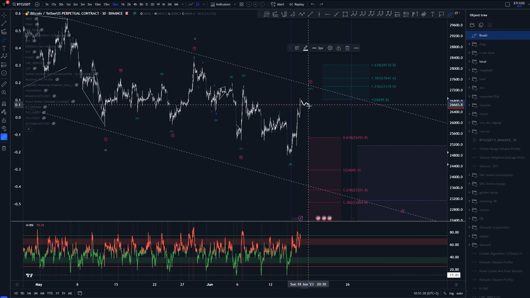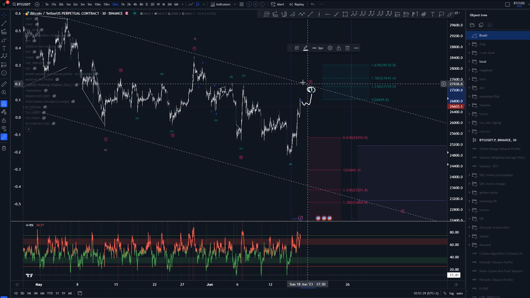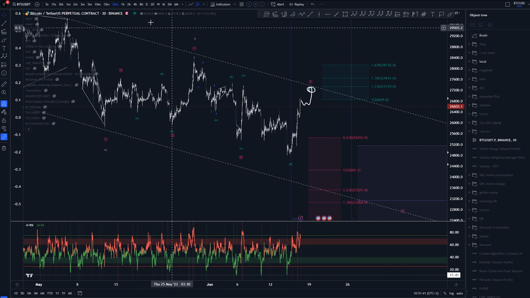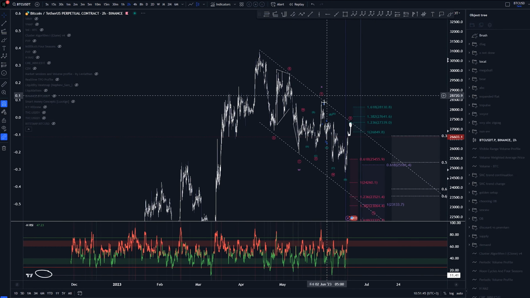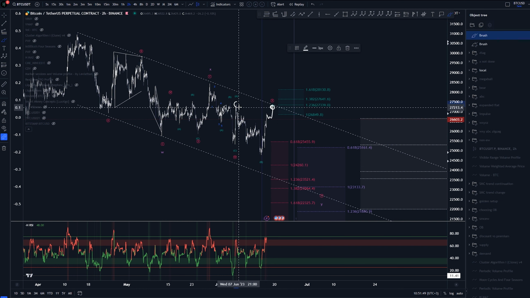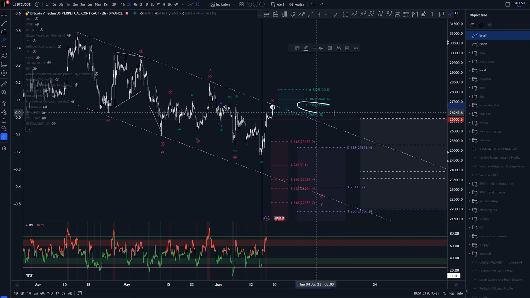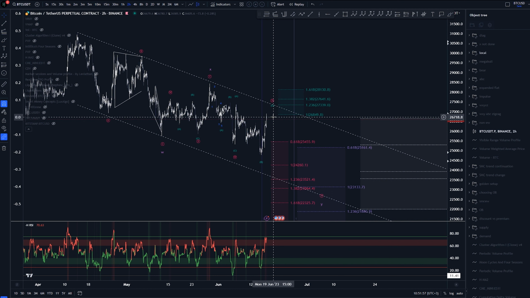But to me, I like the idea that we would have one more high here, and coming back towards the higher degree and higher time frame channel that we've had coming down from the highs. That has the potential of taking out this high as well, with a potential swing failure pattern around 27.3k. And that is the main idea that I'm watching at this point.